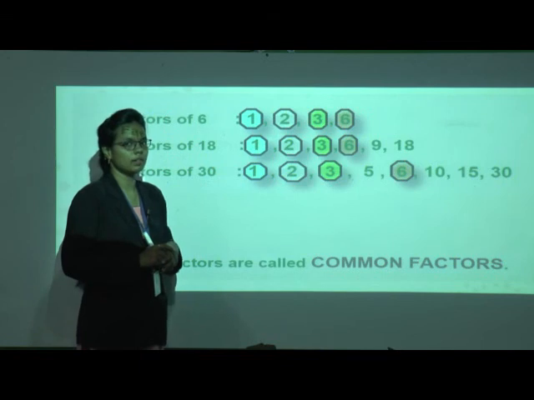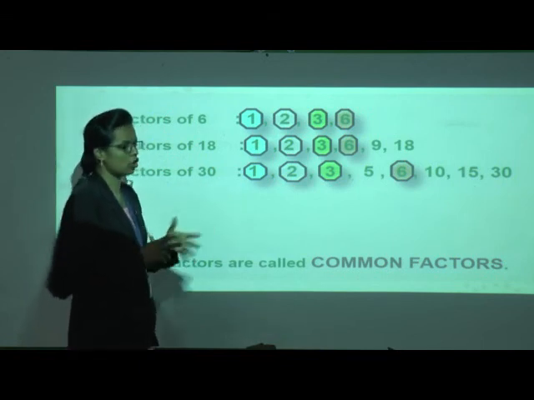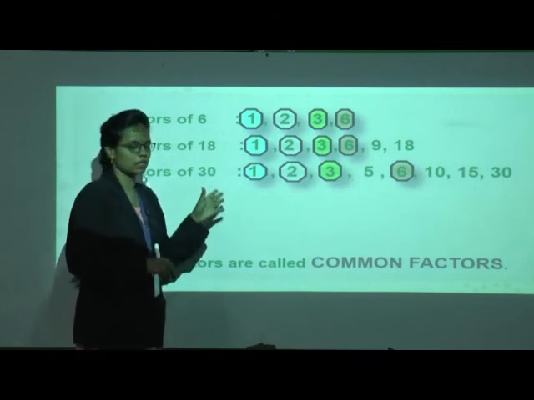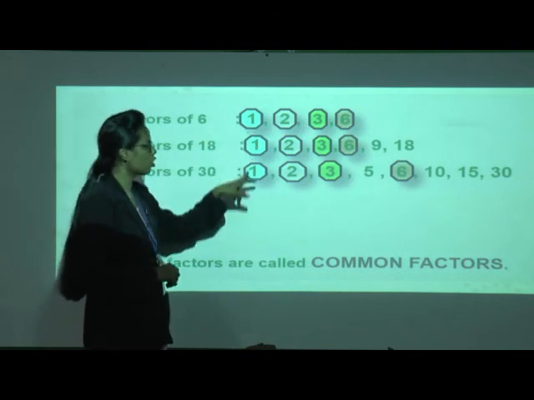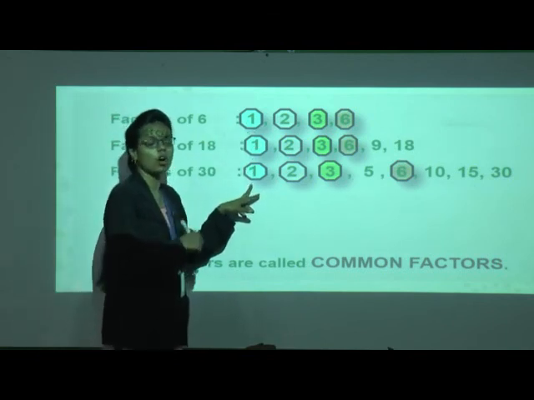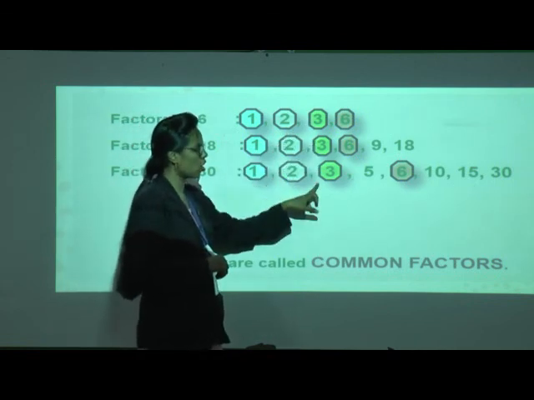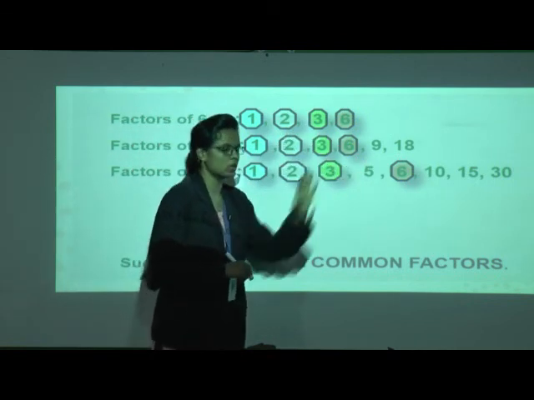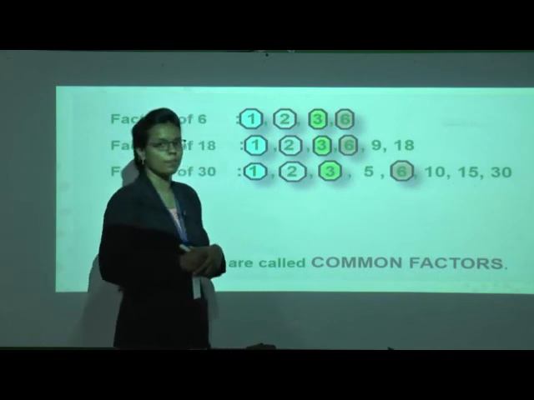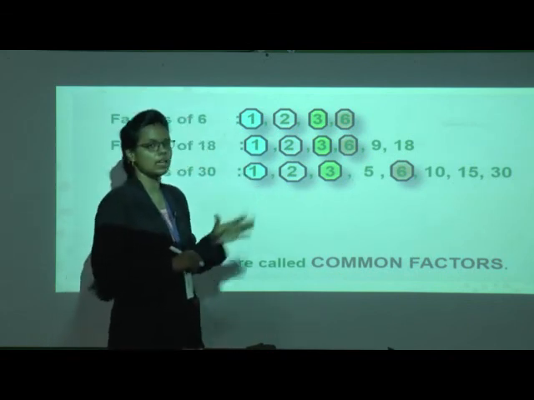Now we can find which are the common factors of the 3 numbers. 1 is common in all these 3 numbers. 2 is also common, 3 is also common and 6 is also common. So these many common factors are there.